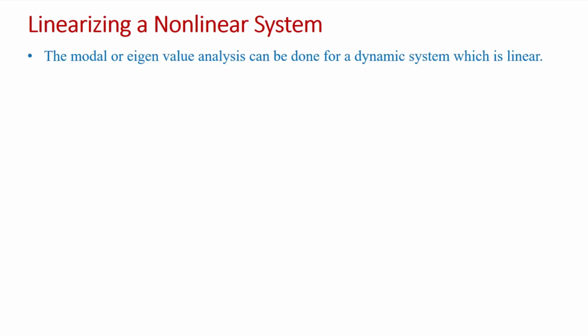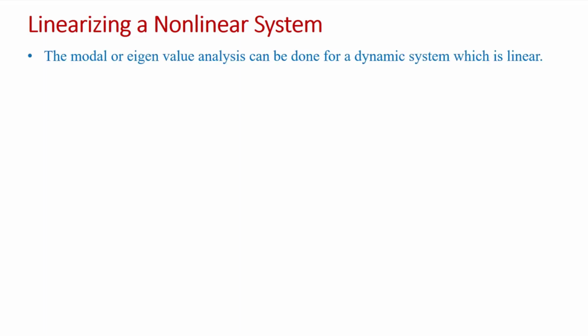If we write the equations of the system, we have already seen the dynamic equations related to the power system, and we have modeled all the components, and it is found that it is a nonlinear differential equation, right? So that means a nonlinear differential algebraic equation. In order to analyze small signal stability, we need to linearize this nonlinear system so that we can find the state space model very easily, right?